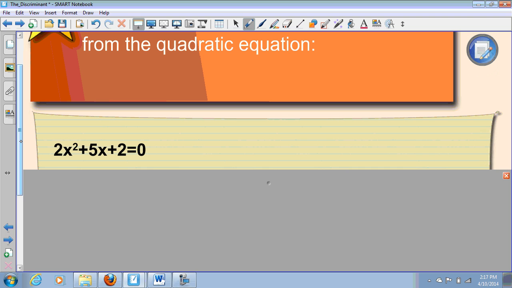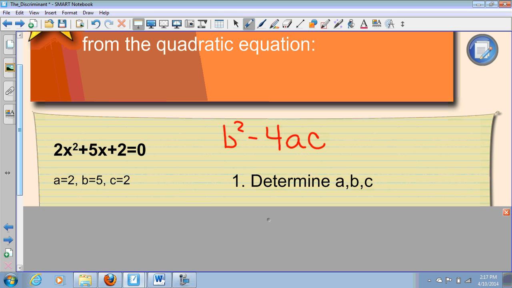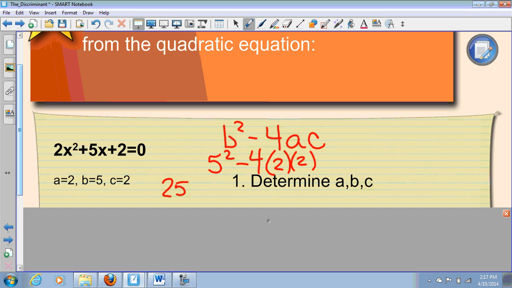2x squared plus 5x plus 2. B squared minus 4 times A times C. B is 5. Minus 4 times A is 2, C is 2. 5 squared is 25.